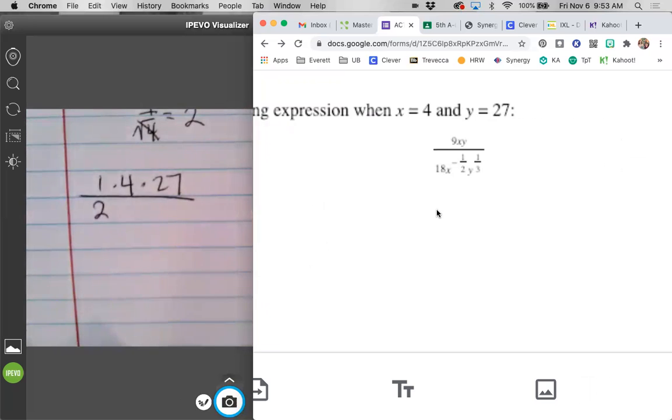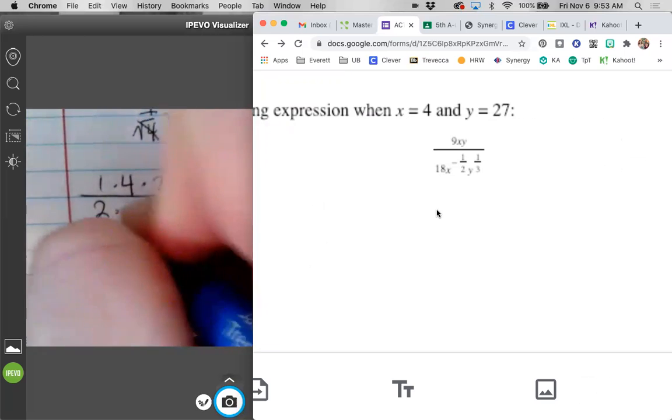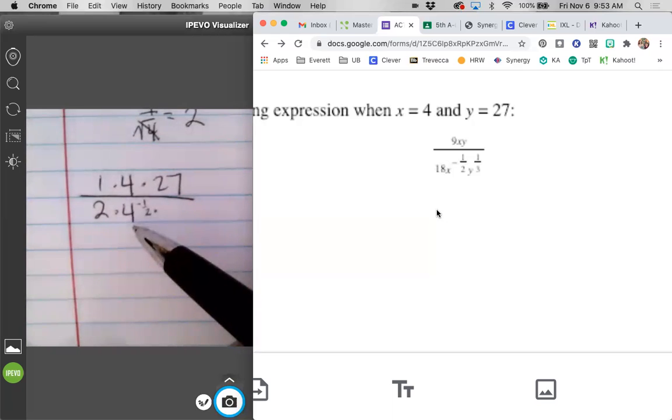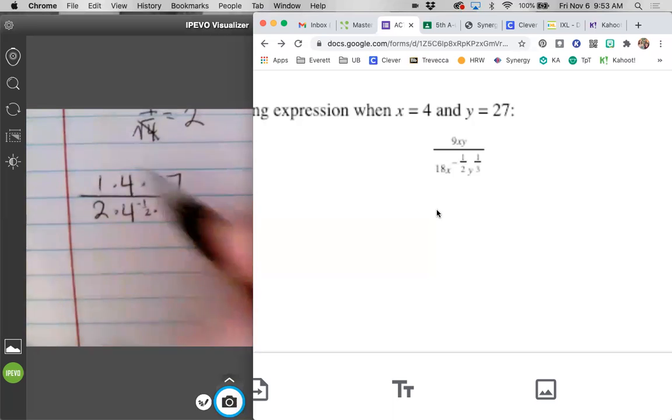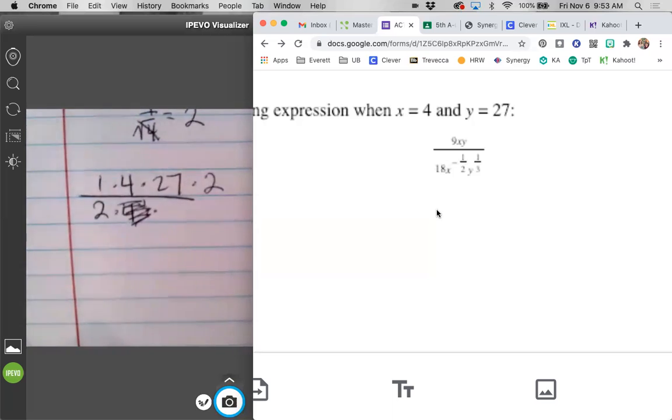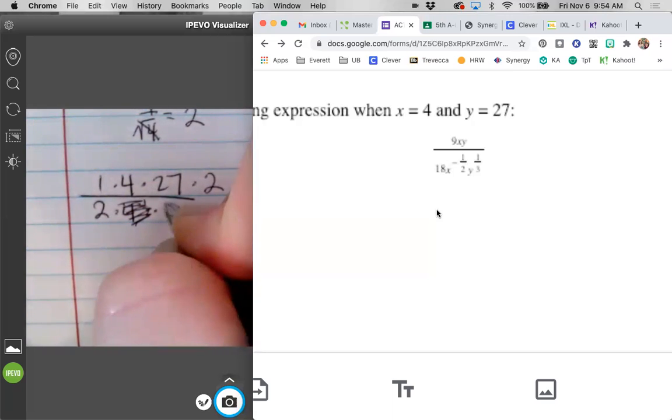And then 4 to the negative 1/2 down here, it's like the square root of 4, which is 2, and then it's negative. So it's got to move up. So this is going to be a 2 up here instead of this. Then y to the 1/3, the cubed root of 27 is 3.